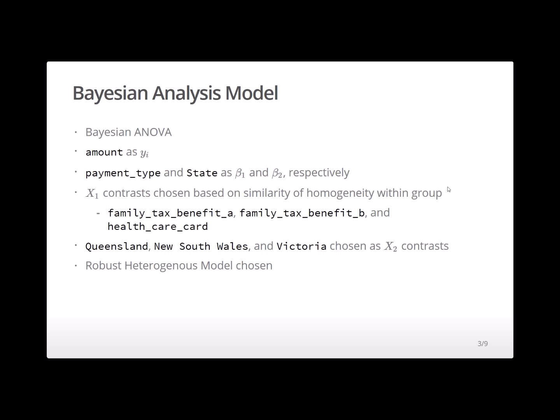For the X2 contrasts, I just chose the most populated eastern states in Australia, so Queensland, New South Wales and Victoria were chosen. Because the data is, at least in the beta 1 group, so heteroscedastic, I ended up choosing a robust heterogeneous model for this analysis, just so that it would be somewhat resistant to that heteroscedasticity.